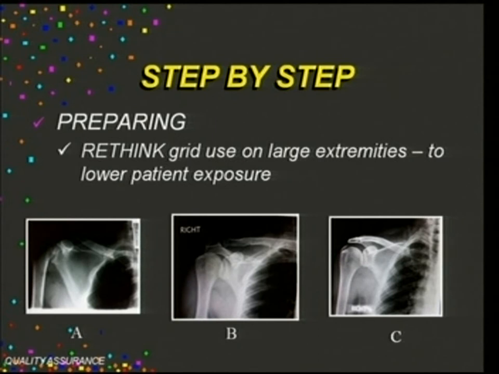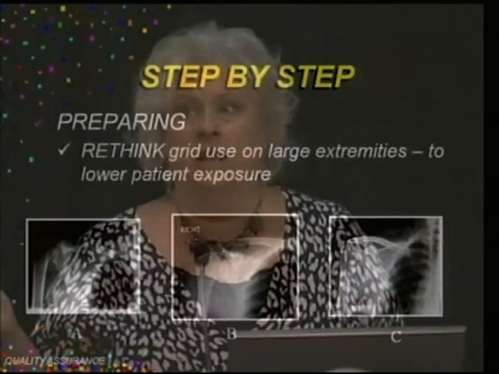And one of these is shoulder, all right? So they're telling us to increase our KV to 70, okay, from 60. And 60 was the cutoff because after that you need a grid, or after 10 centimeters you need a grid, right? But there is a lot better response from the IRs now with this higher KV.